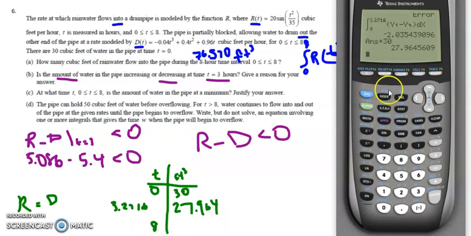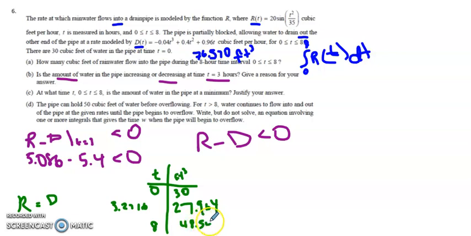So I basically just need to go back and grab this expression and change my upper limit of integration to be just the value 8. And remember that this is the total change from 0 to 8, and I have to add to that the initial value of 30. So that's 48.544.